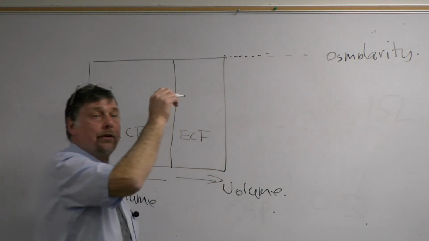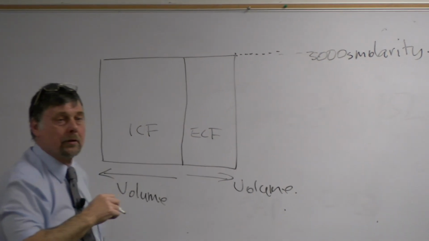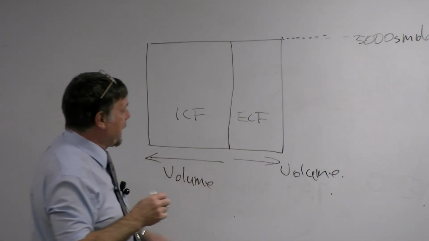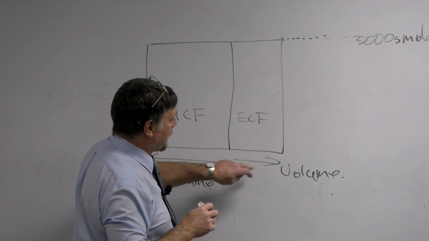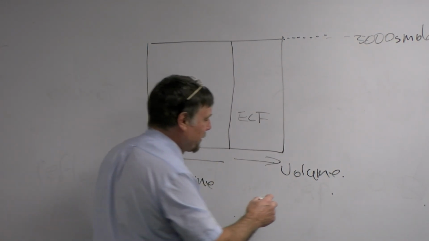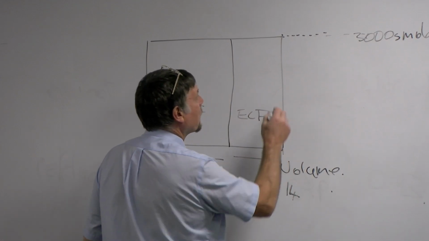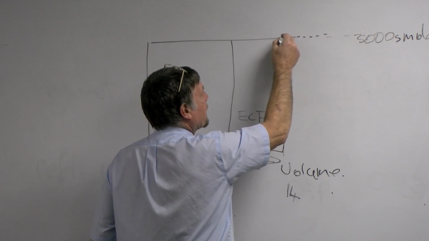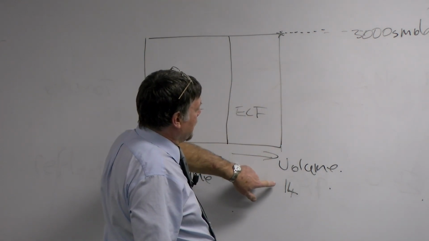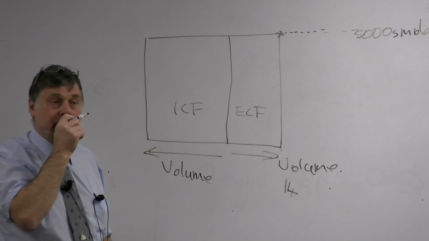And remember, I'm a physiologist, so I'm going to make everything easy, call that 300. So in the ECF, we'll have a volume, let's just say it's 14, which is not a bad value. So basically an osmolarity of 300, a volume of 14, put a line there, and we're just basically filling in the box.